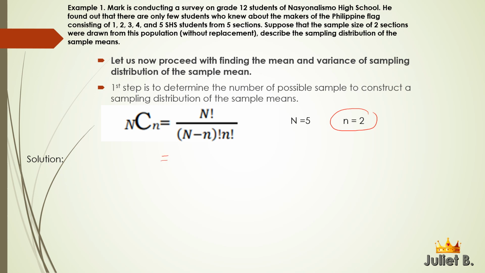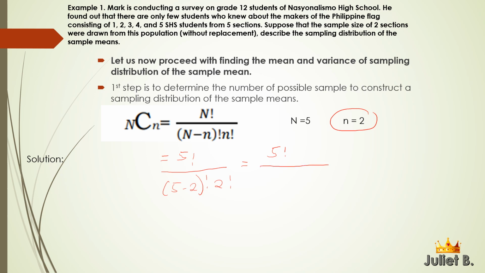We'll just have to substitute the population size in the given formula. So, we have 5 factorial divided by 5 minus 2 factorial, 2 factorial. We know that 5 factorial is 5 times 4 times 3 times 2 times 1.